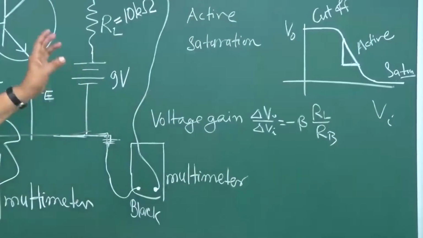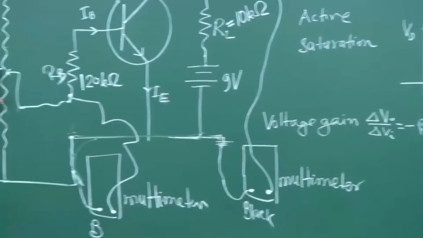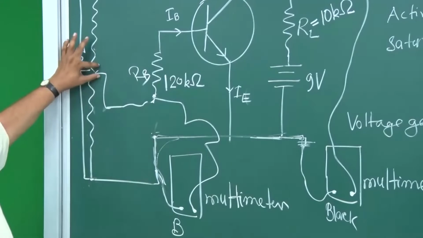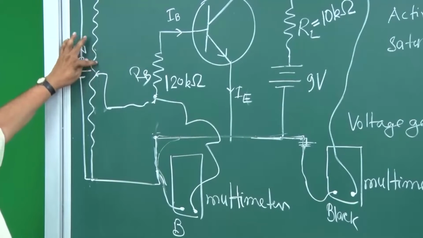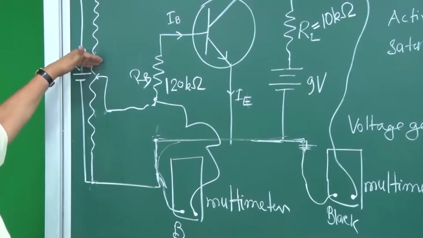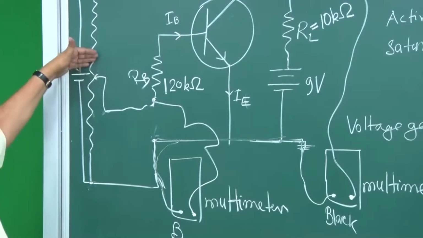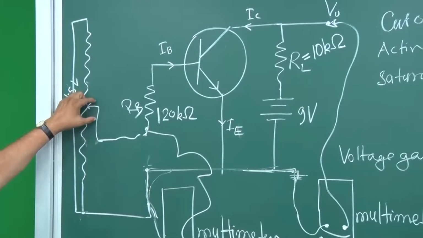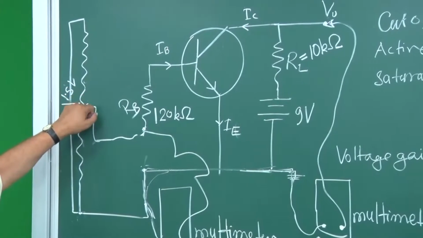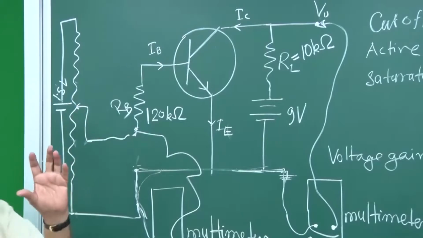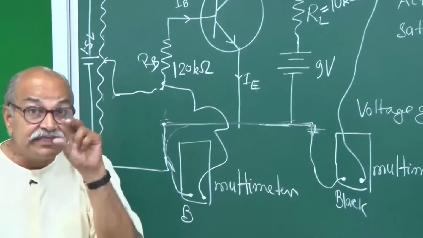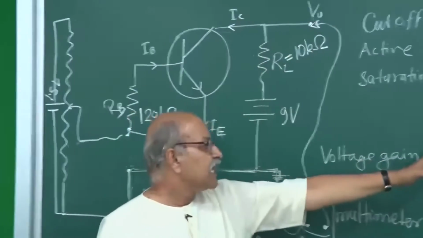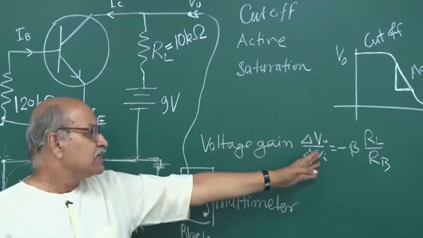In this linear region or active region, I will be varying this input voltage which is given to this base circuit a little bit by just varying this variable contact here, and then slowly we will increase or decrease this Vi, and we will calculate the change delta Vi or delta Vs. So, that will be the change in this input voltage which will represent the change in the signal voltage, and then we will measure the change in this output voltage, and we will calculate this delta Vo divided by delta Vi.